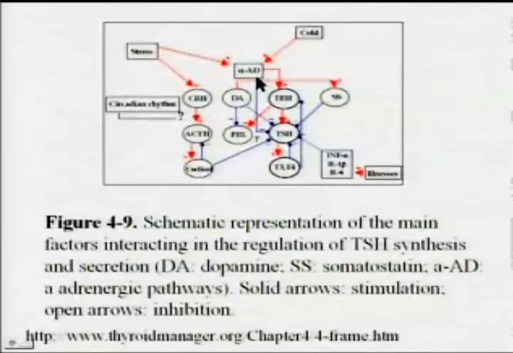Some of it from the locus coeruleus, but other areas as well as dopamine. So the adrenergic system is going to drive TRH, the hormone 1. Dopamine is going to drive somatostatin, and the somatostatin and the dopamine will blunt or have an inhibitory modulatory effect on the TSH, the anterior pituitary.